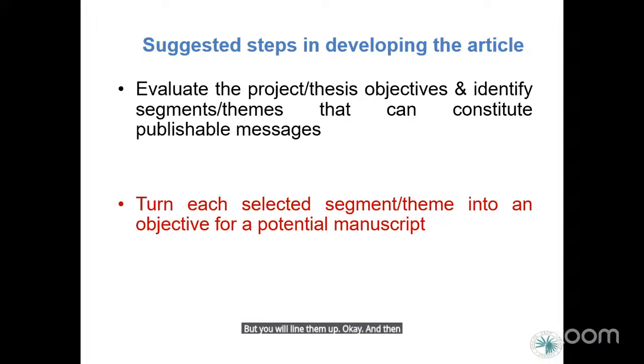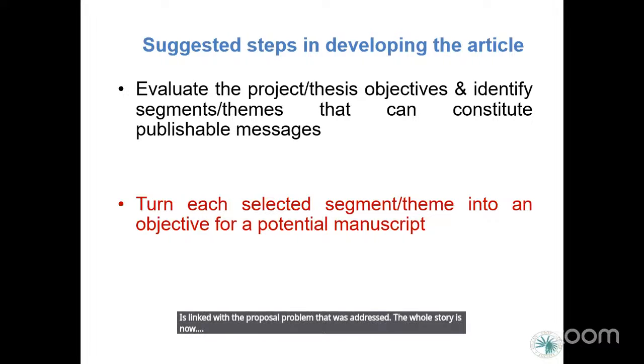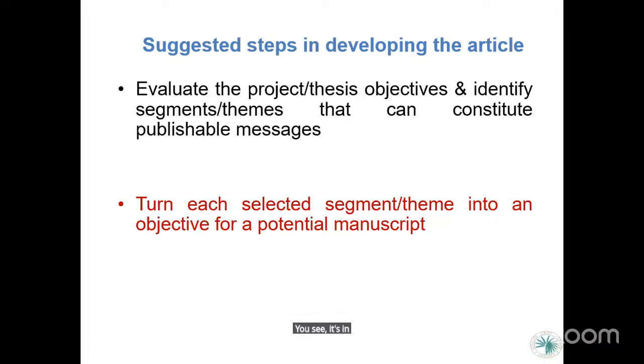And then, because the objective we have formulated is linked with the proposal problem that was addressed, the whole story is in line, it's continuous. The message is derived from the proposal. So we can start interpreting the results, or writing about the data in the illustrations.